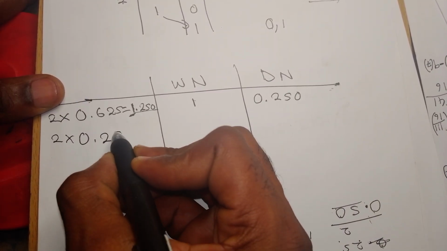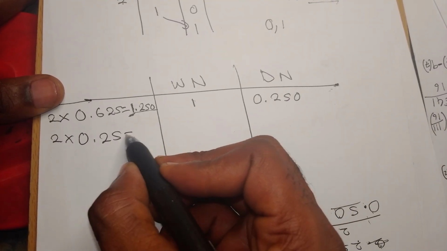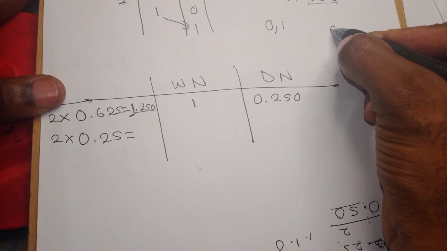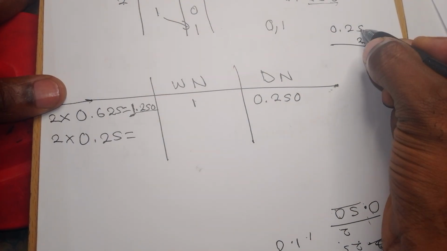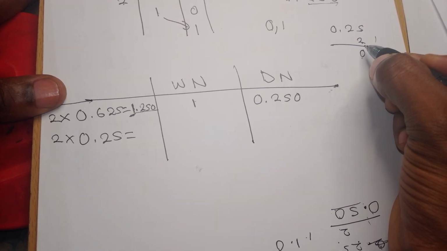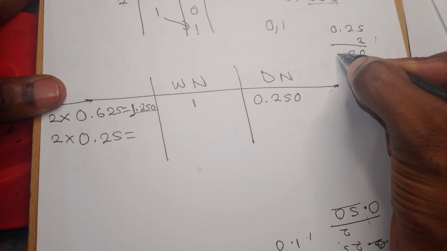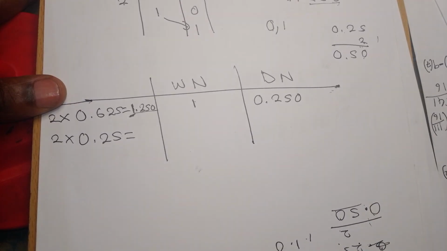So 0.25, you can either put the 0 at the end, or you can write it like this, and then you multiply the 0.25 by 2. So this times this will be 10 carry 1, so you write 0 carry 1. This times this, that's a 4, plus 1 we have a 5, then 2 times 0 we have the 0.